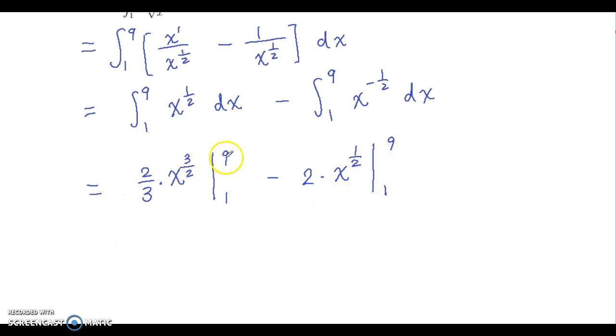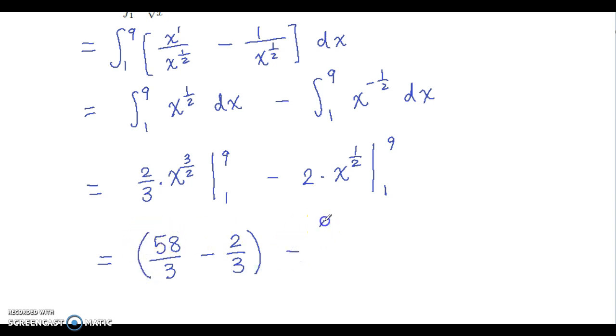So you plug in 9, so 2/3 times 9 to the 3/2 power. You have to use a calculator. It is 18. And then you subtract, when you plug in 1, it's just 2/3. So that is the first integral.